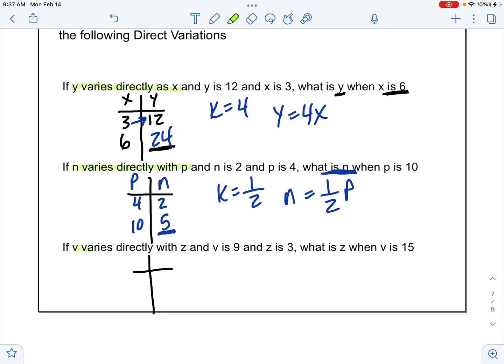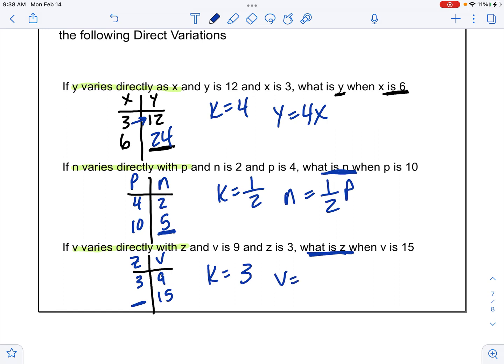So let's look at this one. V is varying directly with z, which means this is my v, and this is my z. So now it says v is 9, and z is 3, and I'm looking for what is v when z is 15. Well, my k value looks like it's a 3. So it's not y anymore.